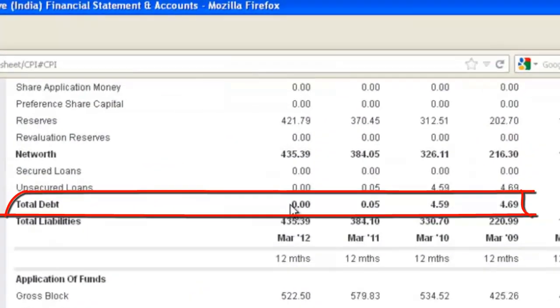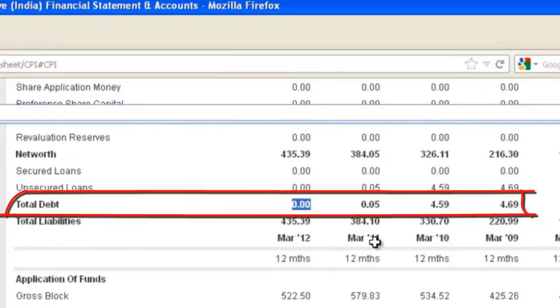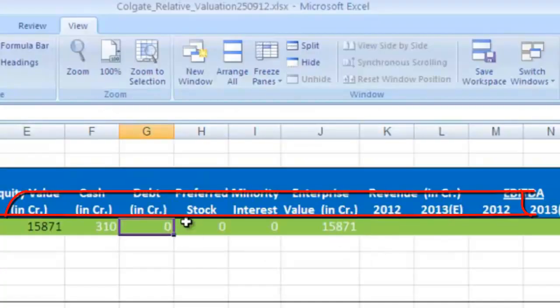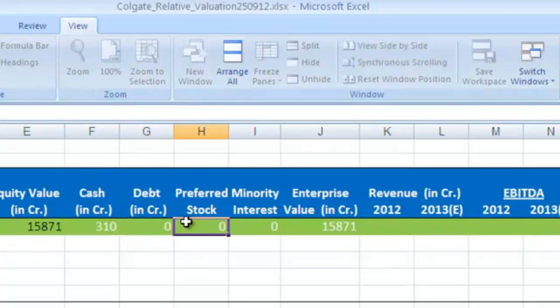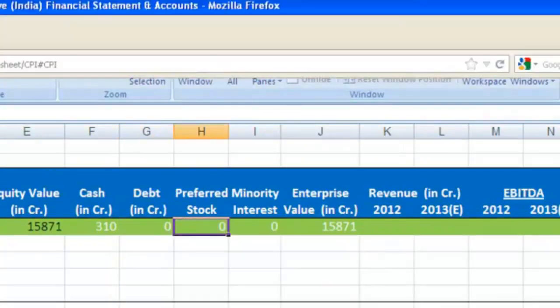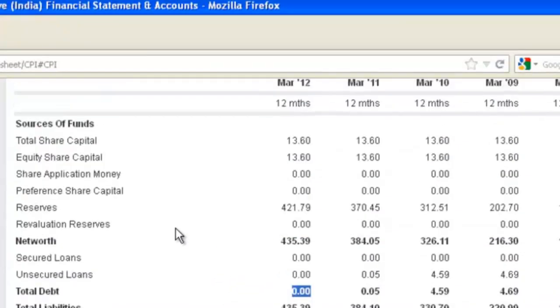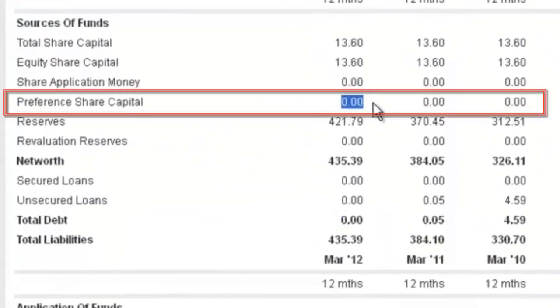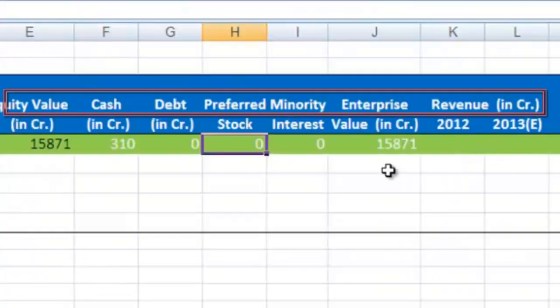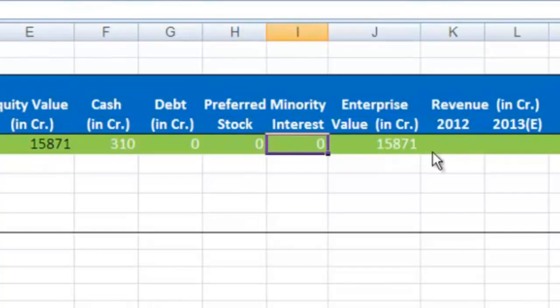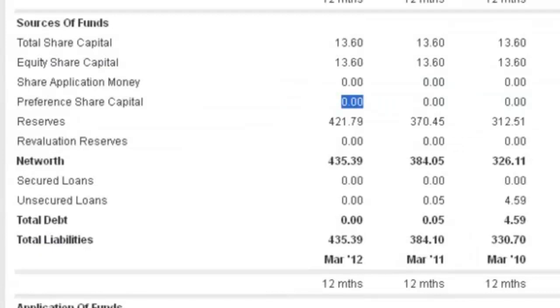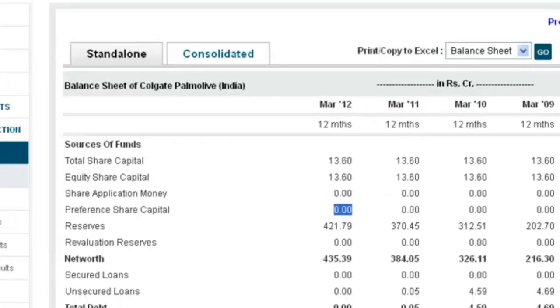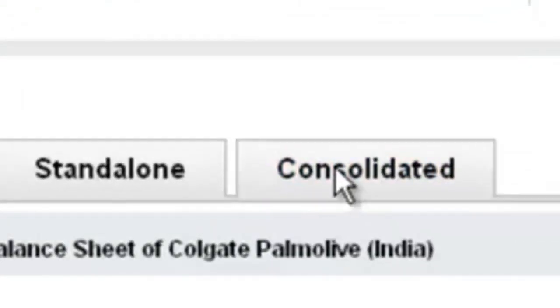Debt, what is total debt? Here is total debt, it's a zero debt company. 0. Move to preferred stock, if any. Preference share capital, it's 0 again. 0. Go to next, minority interest. You will find minority interest in the consolidated balance sheet. So let's check whether we have March 12 data for the consolidated balance sheet.